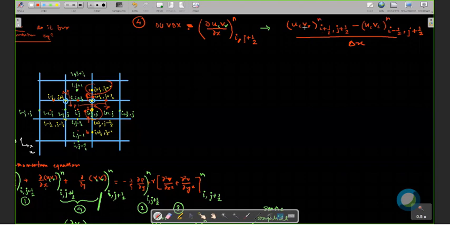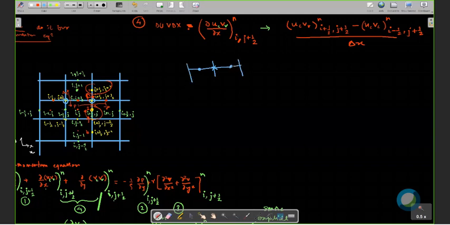Okay. Now here the convective variables are calculated by taking interpolation. Okay. The convective variable at this point, this point is taken, the convective variable at this point is taken by either this or this face center.